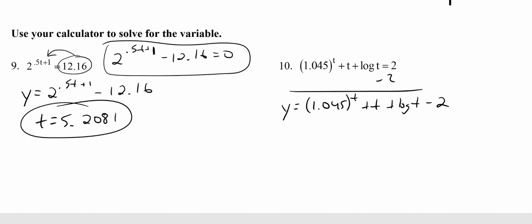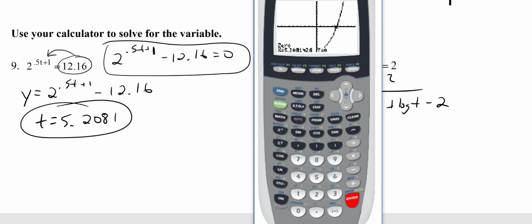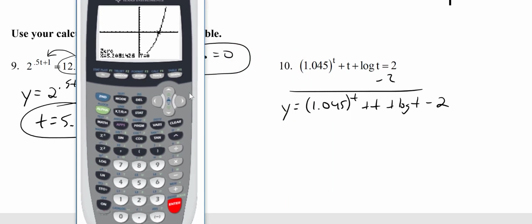So let's go ahead and put that in our graphing calculator. We can do that one together because that one's going to take a little bit of time. Okay, so let's do y equals, and make sure you use lots of parentheses. 1.045 raised to the t, so it's to the x, cursor over, plus t or x plus log of x, close that parenthesis, minus 2.